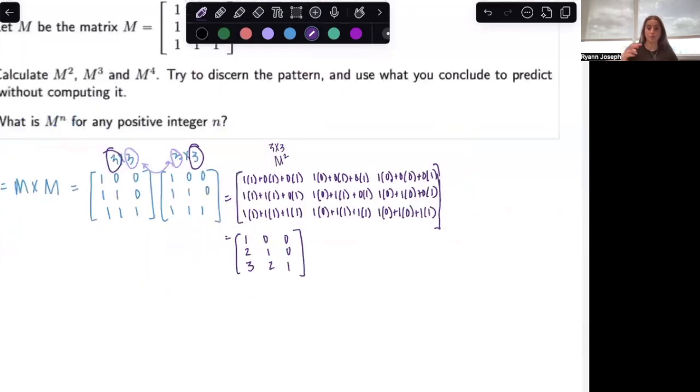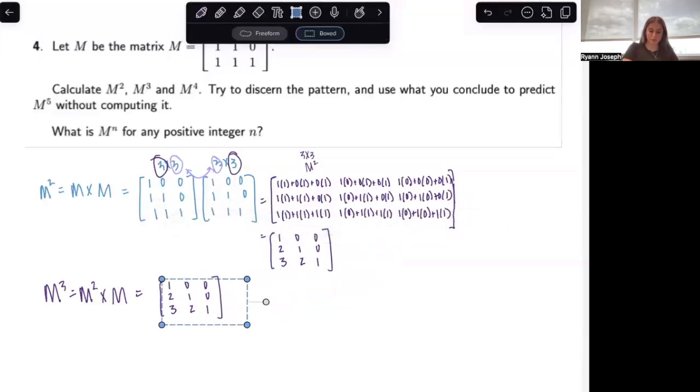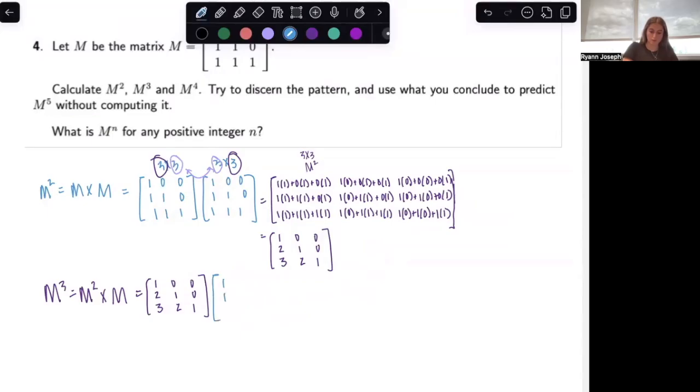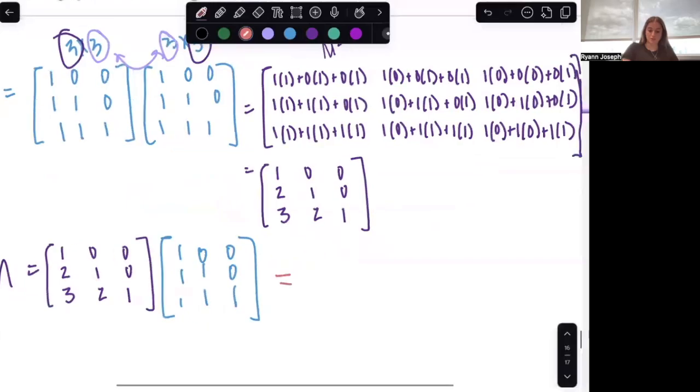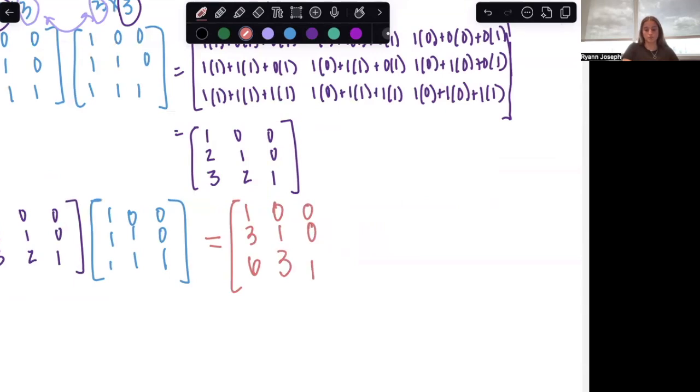Then to compute m cubed, you take m squared times m. So bring this over here, times m again. I'm just going to reveal that m cubed is 1, 3, 6, 0, 1, 3, 0, 0, 1. This is m cubed.